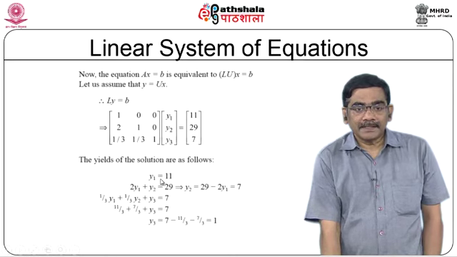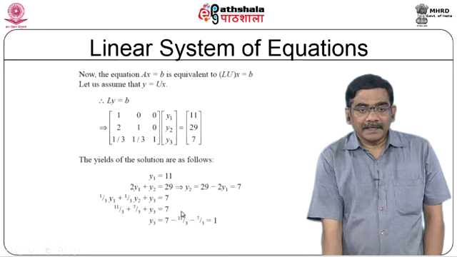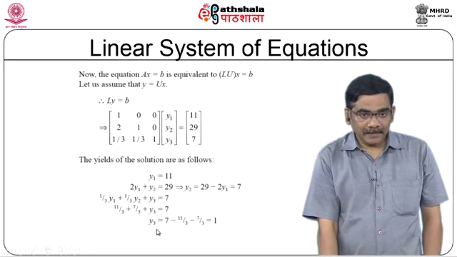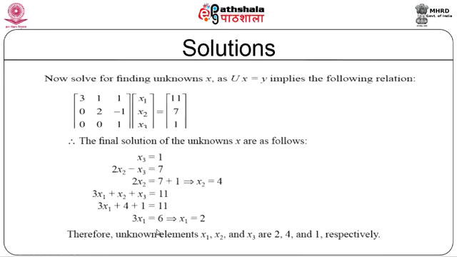Once we have this, then we can substitute that into the old equation of Ux equal to y, where we know the value of y, we know the value of U. So, now we can find the unknowns, that is going to be x1, x2 and x3.